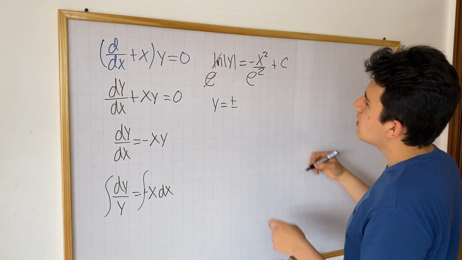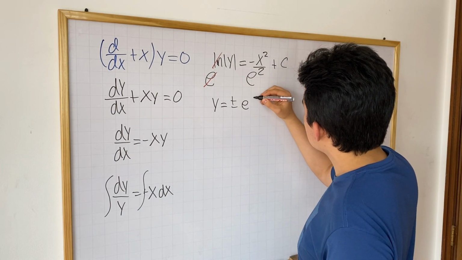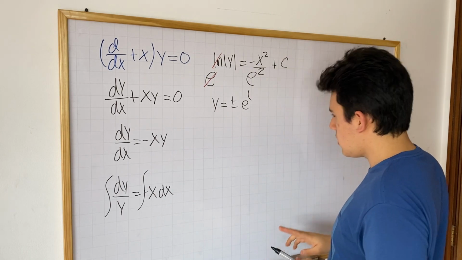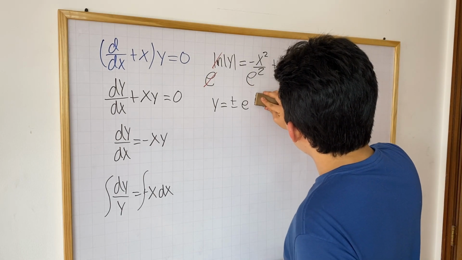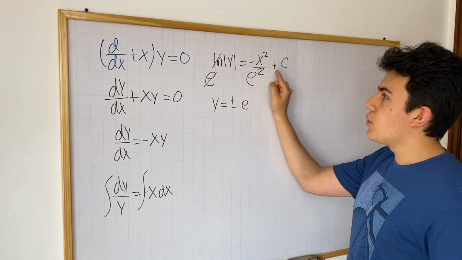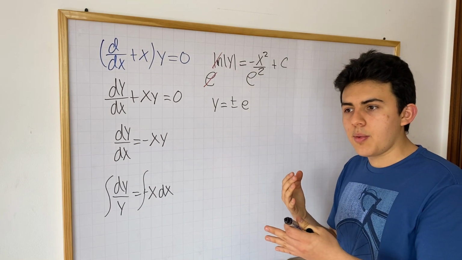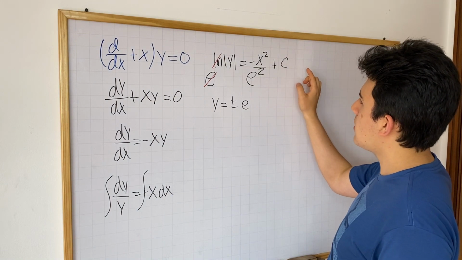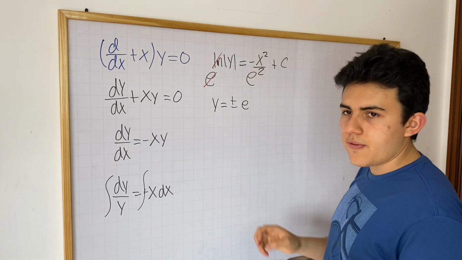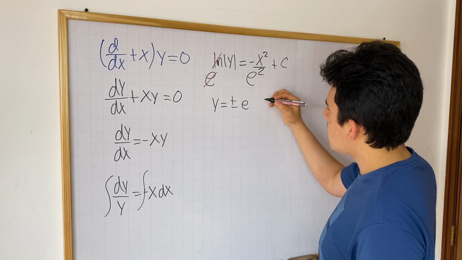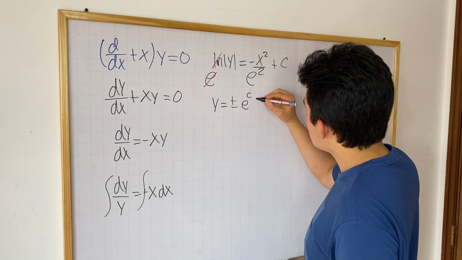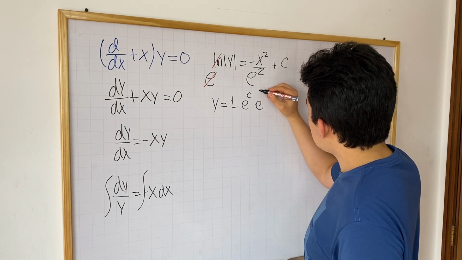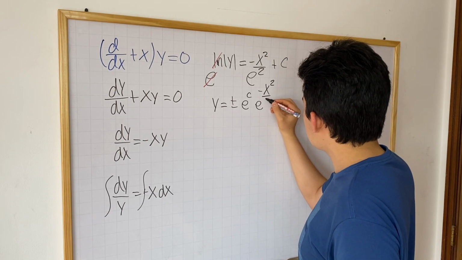Now we have e to the parentheses, and actually, I'm going to do it like this. When we add two exponents, this is basically multiplying the bases with those two exponents. So this is basically e to the C times e to the negative x squared divided by 2, okay? So this is going to be equal to e to the C times e to the minus x squared divided by 2.